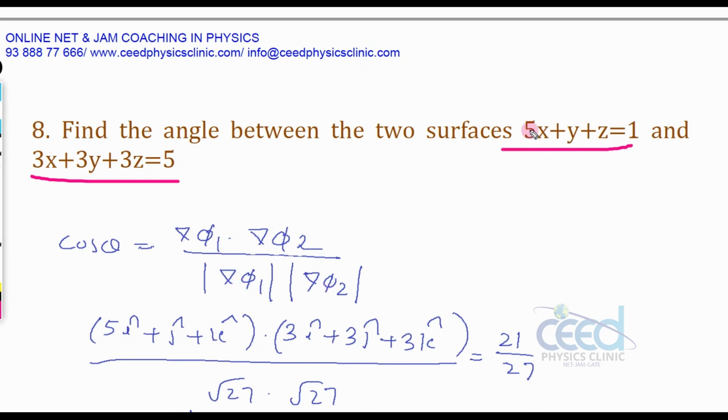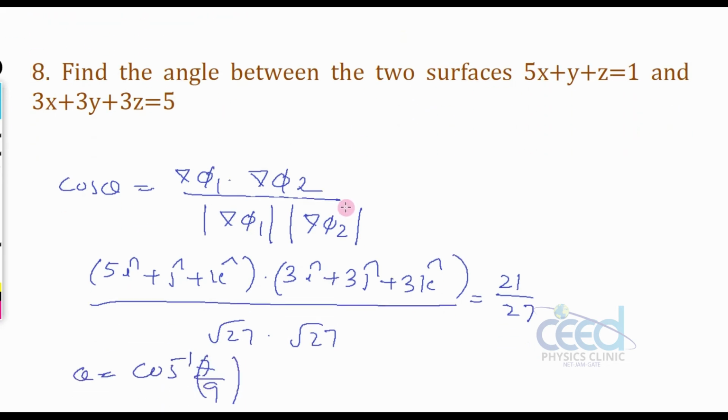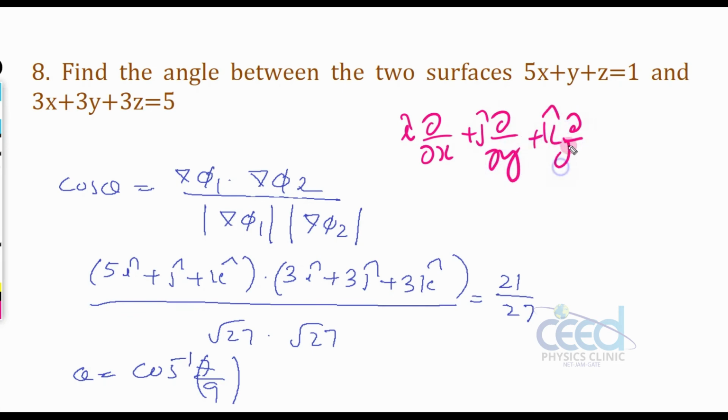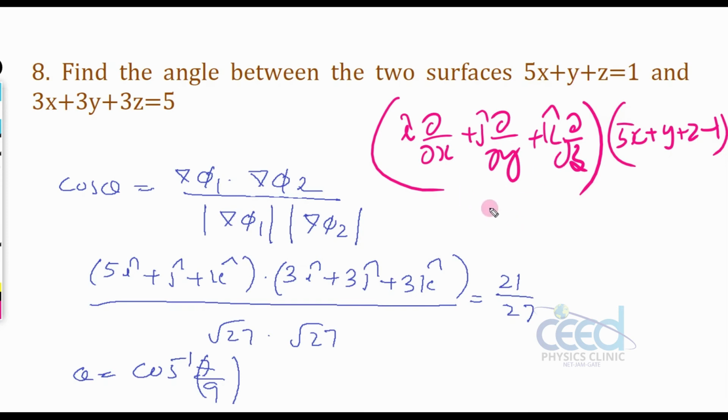So you can directly find out this mod gradient value. If you find del phi 1, I can calculate here itself: i cap dou by dou x plus j cap dou by dou y plus k cap dou by dou z acting on 5x plus y plus z minus 1, that is the surface equation. Differentiating this, the gradient value is 5 i cap plus 1 j cap plus 1 k cap.